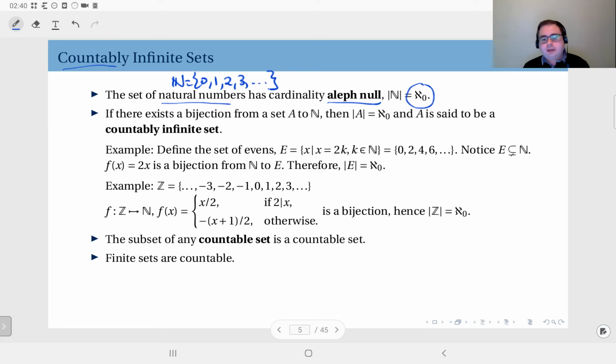It means you can list them in a way that I can deduce the element, let's say, enumerated by a certain procedure. With natural numbers, that procedure is natural because it's 0, 1, 2, 3, and goes on like that. I know which number I'm referring to when I say, okay, the number that is the 200th in this set.